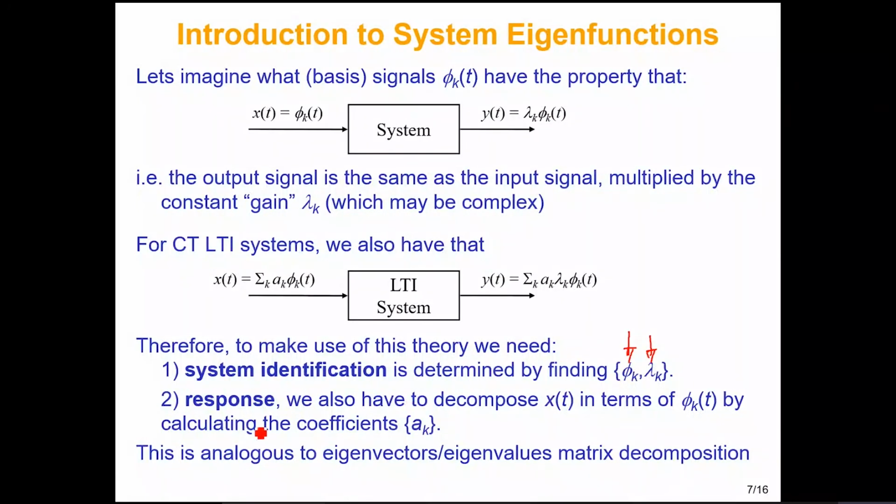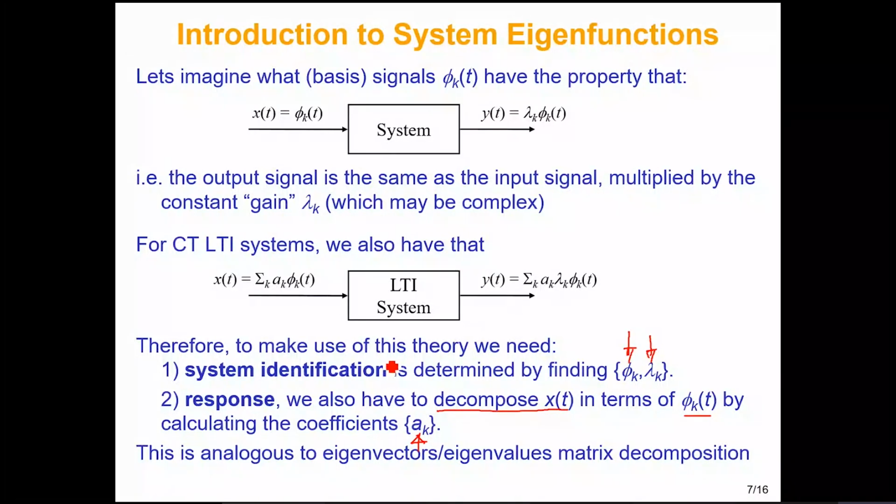And also if we can somehow decompose your input signal in terms of eigenfunction scaled by some factor, and we should have some method of finding out what that scaling factor would be. Then we can have the proper use of this concept. Then any input signal, we should be able to break it up in terms of eigenfunctions, and we can easily find out the output for those eigenfunctions then. So we would be able to find output for any given input.